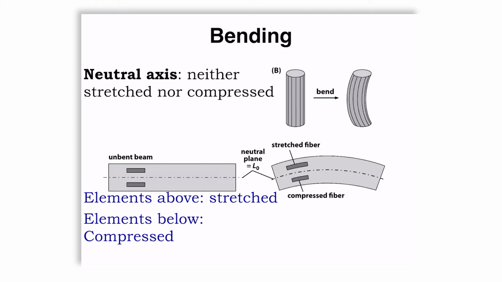Above that neutral axis, elements of the beam are being stretched. Below it, they are being compressed. What about the neutral axis? Well, as the term defines it, and you can probably intuit, at and along the neutral axis, deformation is neutral. In other words, there is no change.